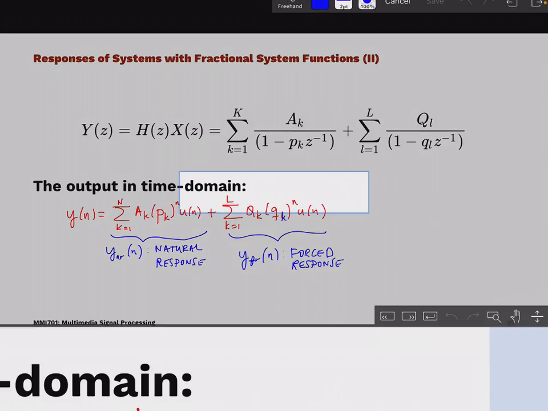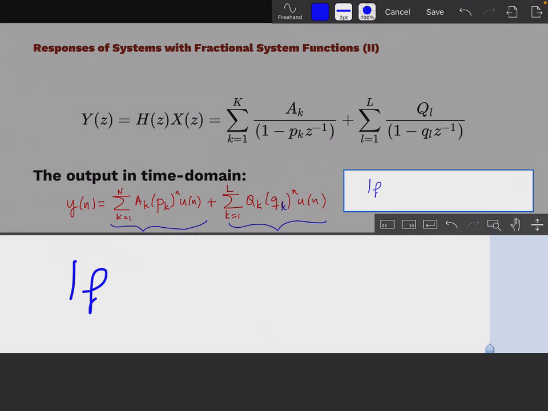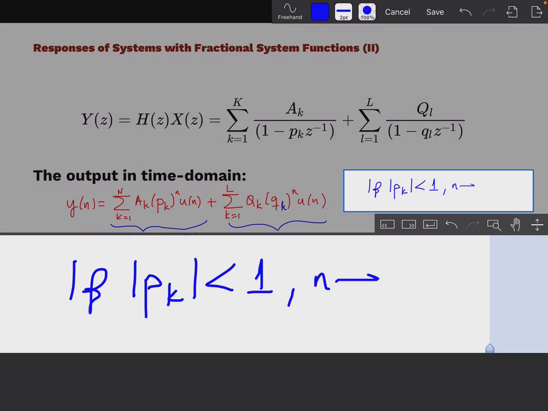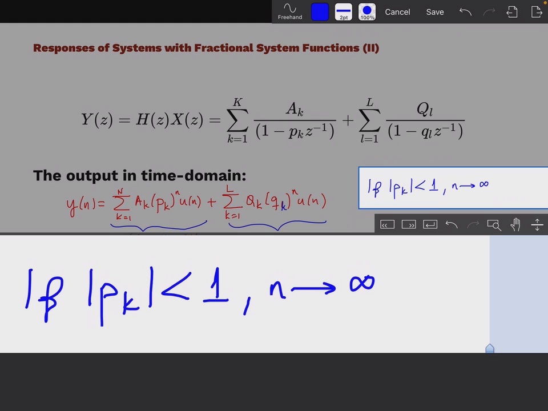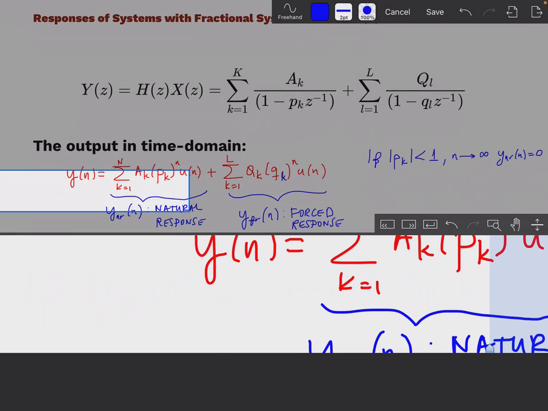So let's define it as such then. If all the poles of our system are less than 1 in magnitude, as n goes to infinity, y natural response n is 0. So that is transient.